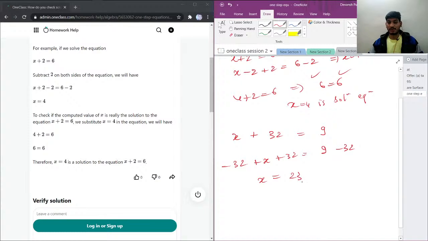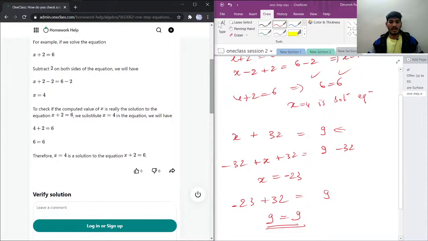Now I'll substitute the value of x as negative 23 back into the equation. Negative 23 plus 32 equals 9. If we do the subtraction, we get 9 and 9. So again, LHS equals RHS.